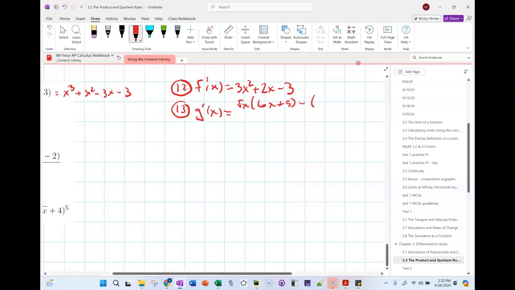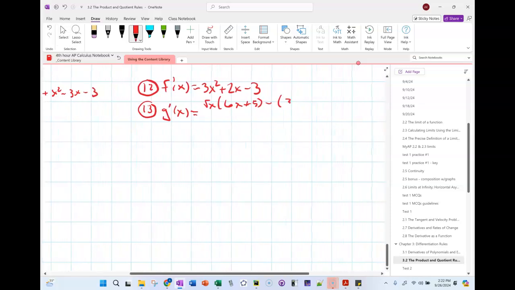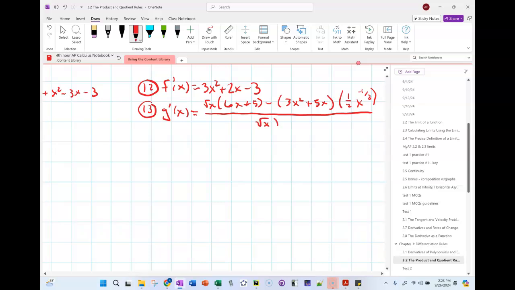Minus 3x squared plus 5x, and then the derivative of square root x is one x. Good. And then the denominator, yes, which just turns into x.